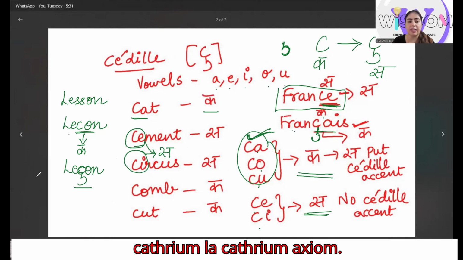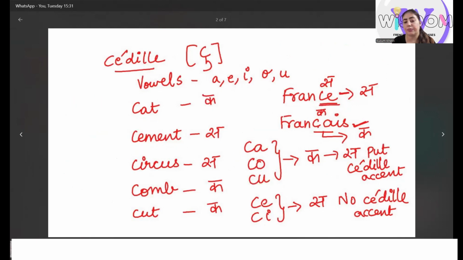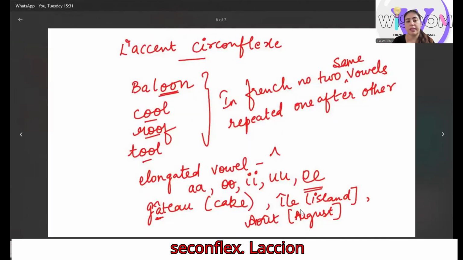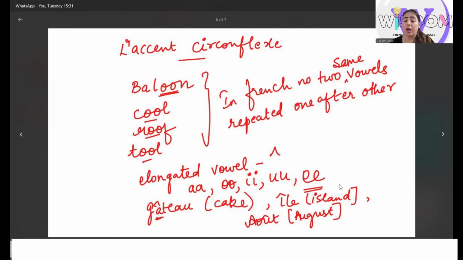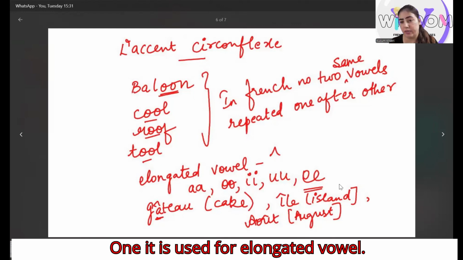Le quatrième axiom. The fourth axiom is l'axiom circonflexe. Now, circonflexe is also used in two ways. One, it is used for an elongated vowel.